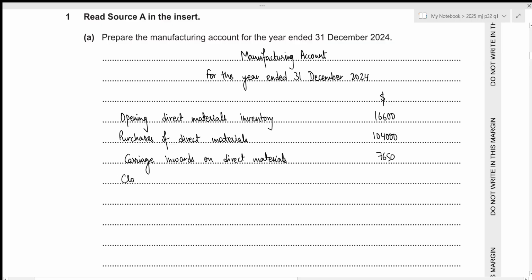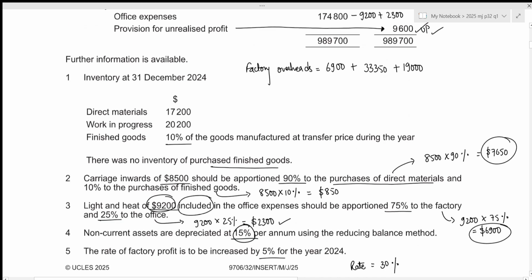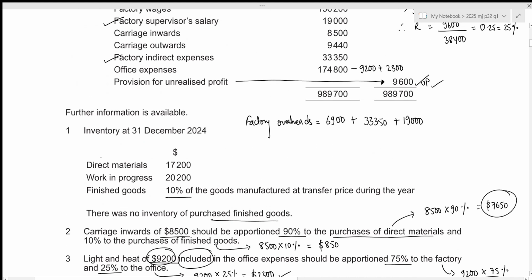Now we can include our closing direct materials inventory. That was also given above. Right here, the closing direct materials was 17,200.